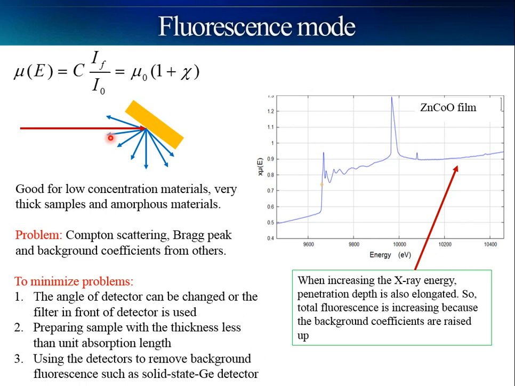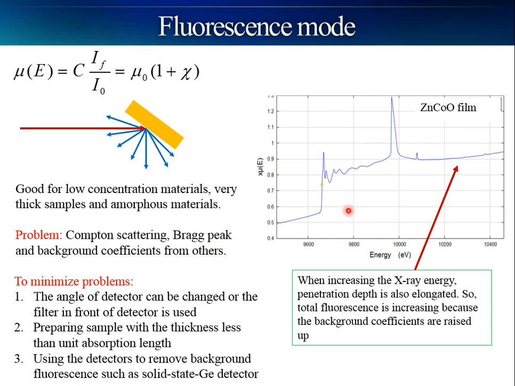The fluorescence mode is good for low concentration materials, very thick samples, and amorphous materials. However, it has many problems such as Compton scattering, Bragg peaks, and background coefficients from other atoms. Look at this figure.